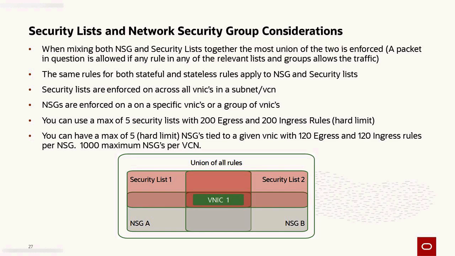Unlike security list, the VCN does not have a default NSG. Also, the NSGs that you create are initially empty. They have no default security rules. Talking about the service limits, you can have a maximum of 5 security lists per subnet, and a particular VNIC can be a part of maximum of 5 NSGs.